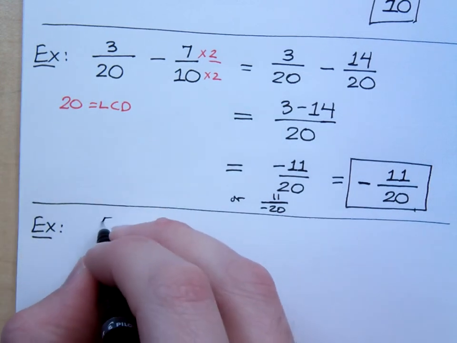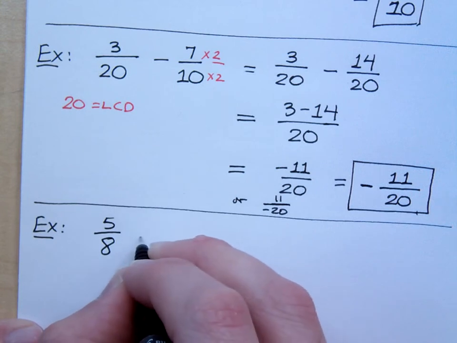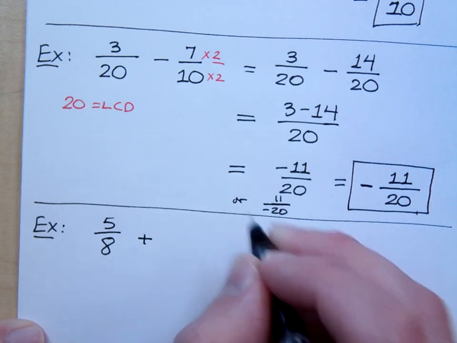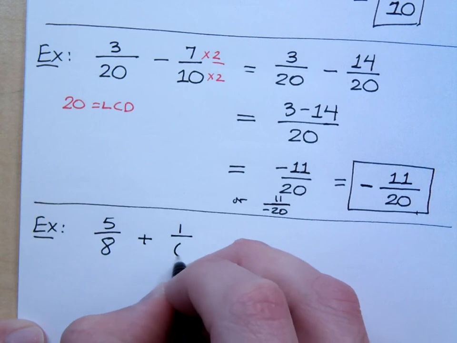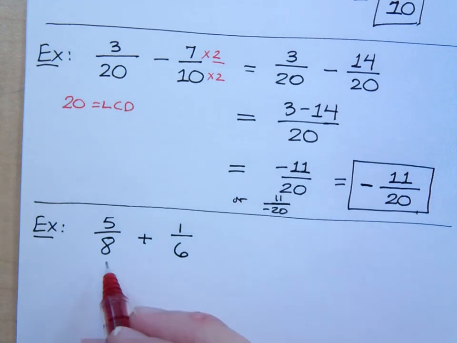If I take 5/8 plus 1/6, one of the ways we were talking about finding the common denominator was taking the largest number, here the 8.